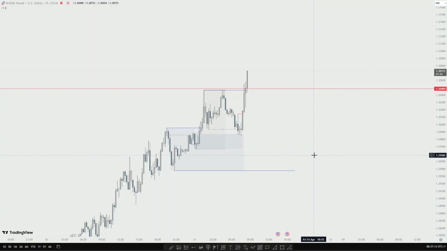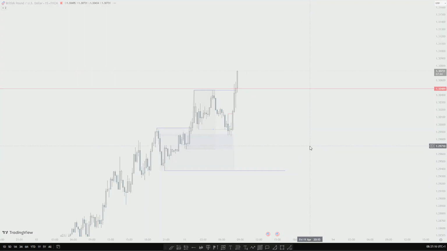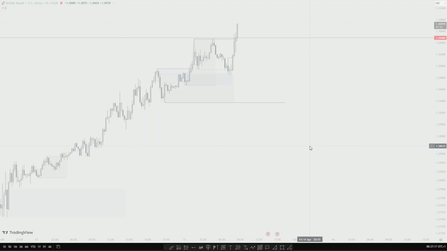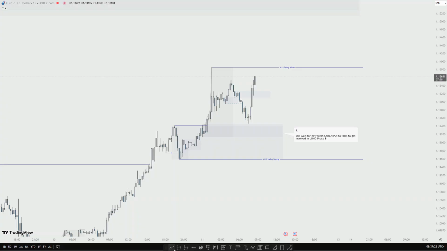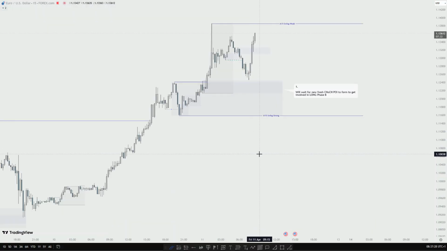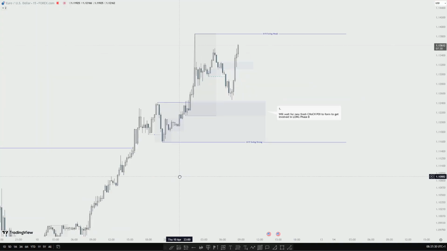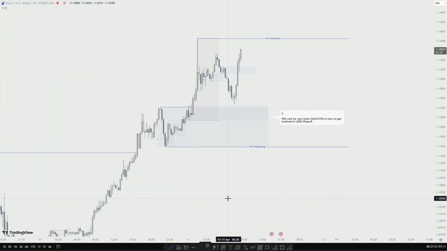And that was how GU went. Let me quickly show you EU. Yeah, this is the POI that I was talking about. Price didn't mitigate this M15 POI, so the same projection was forming on GU as well, so why not take GU? And the M5 order flow shift was right here without mitigation, which again made me doubt, so I didn't consider taking that.